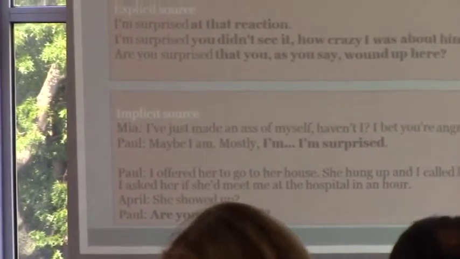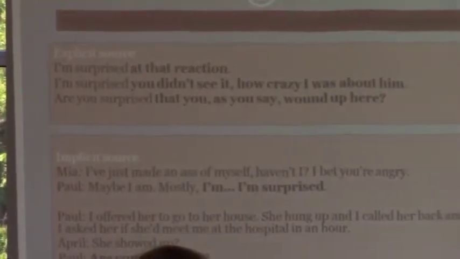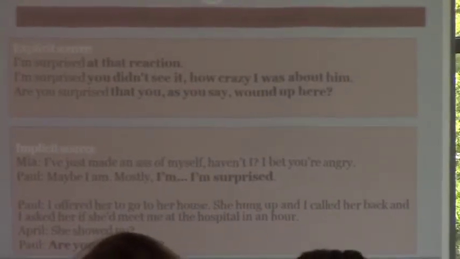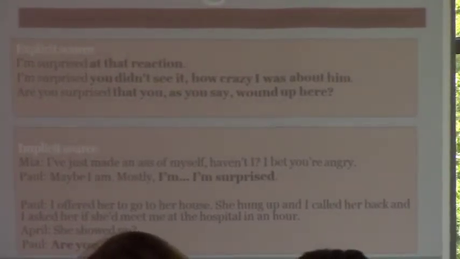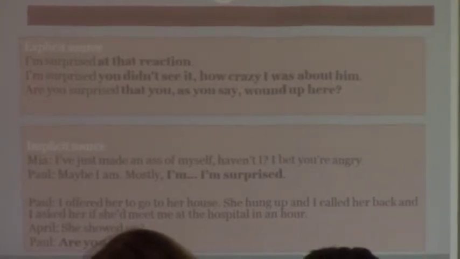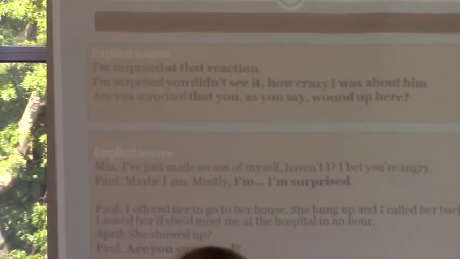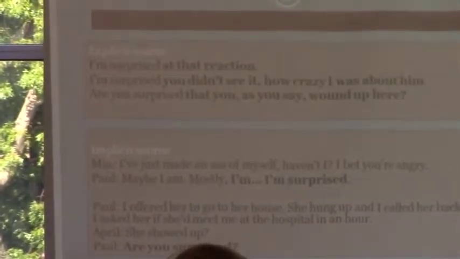The source may appear as a complement in the form of a prepositional phrase, for example "at that reaction", or in the form of a complement clause. Are you surprised that you wound up here? When the adjectival phrase is not followed by a complement, the source is not explicit.